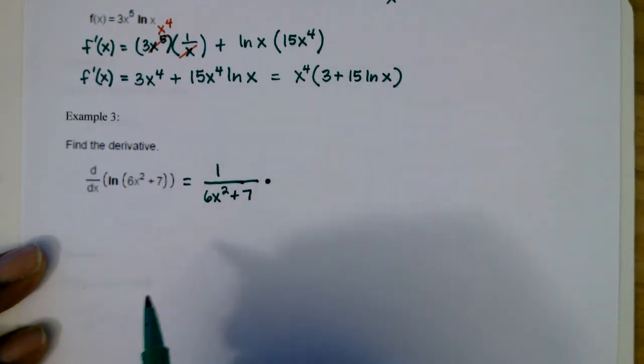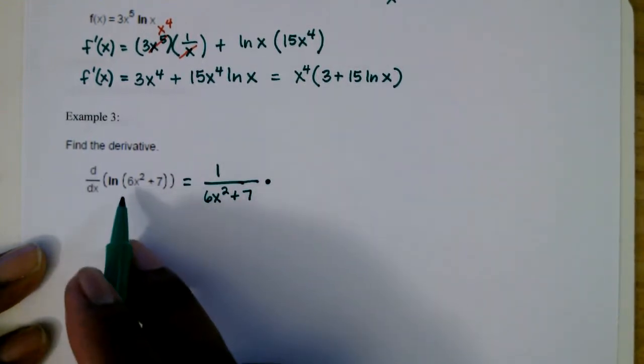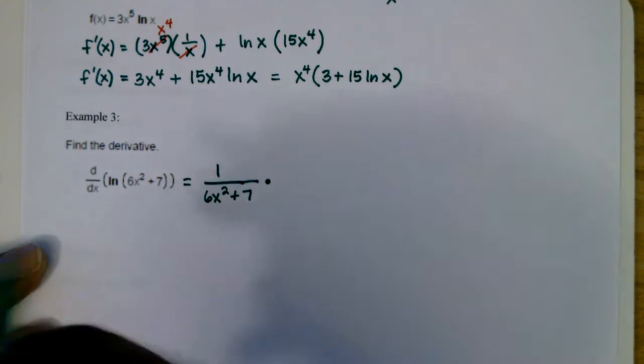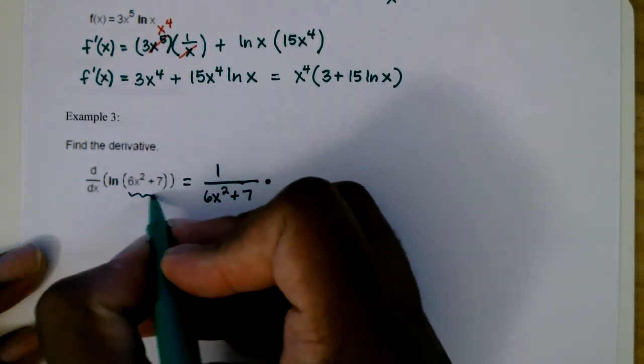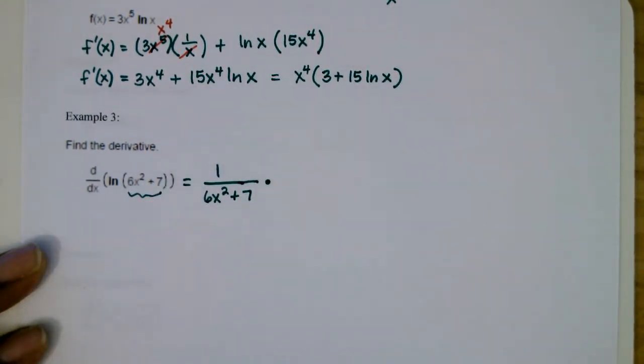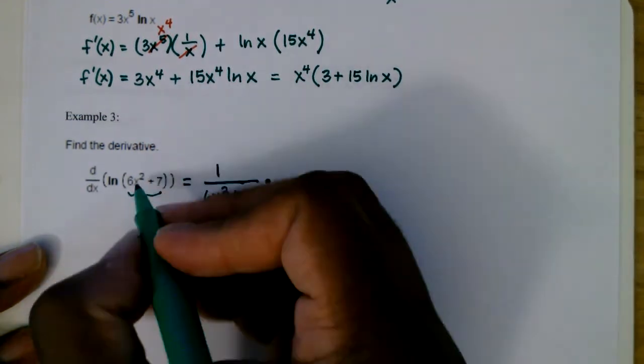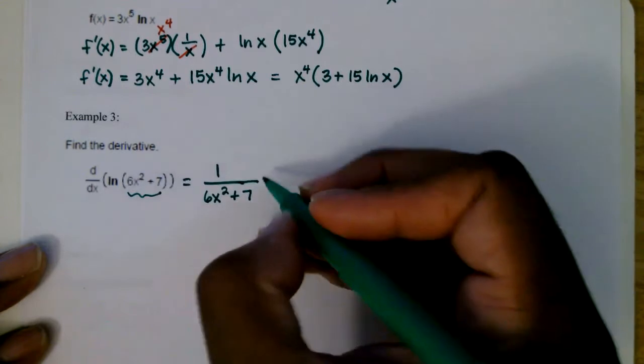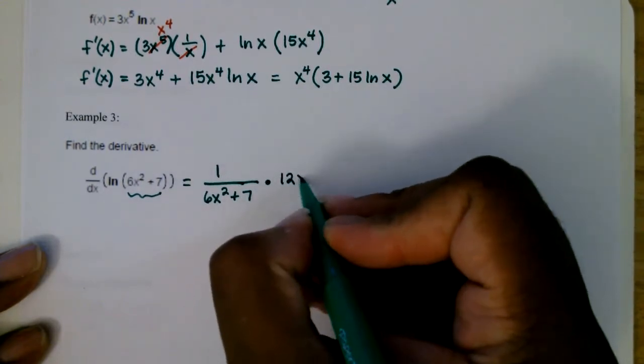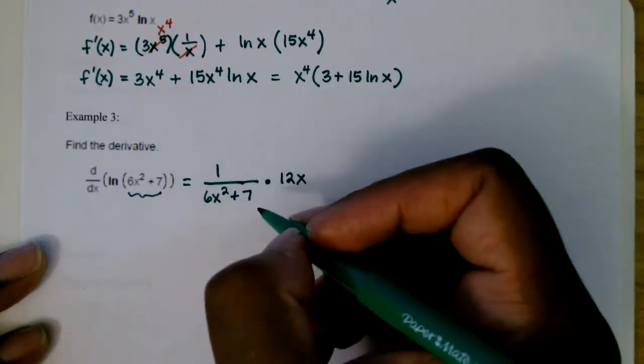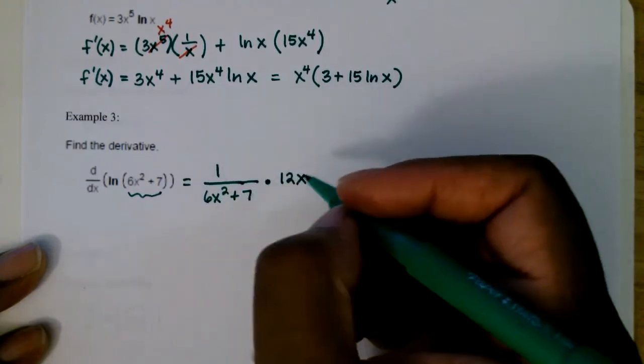But then we have to multiply this by our inside derivative using the chain rule. The derivative of 6x squared plus 7 would be this. If we bring the 2 down, multiply by 6, it'll be 12. Copy over the x to the 1 less power. It'll be x to the 1 or just x.